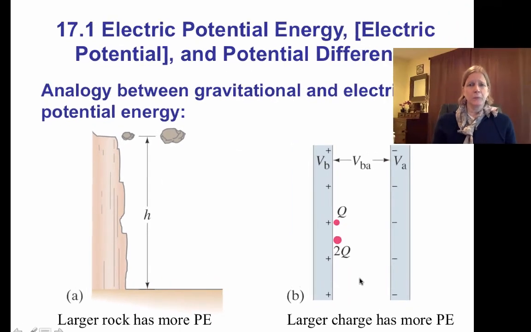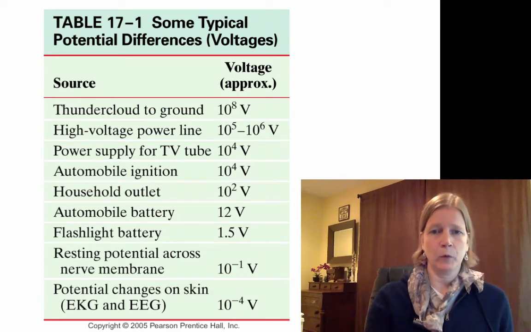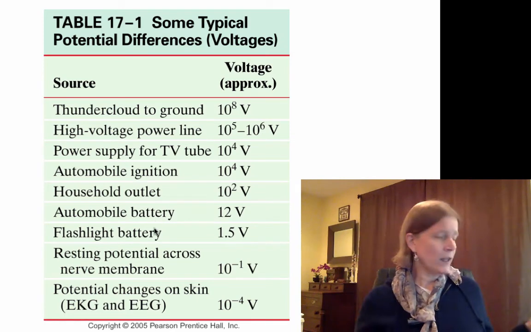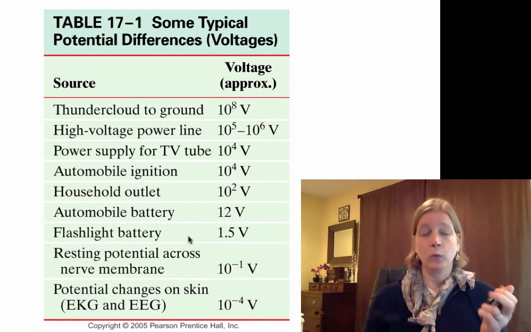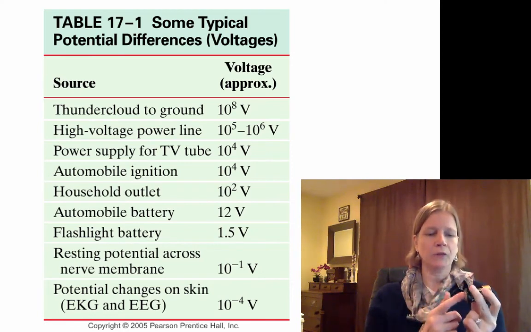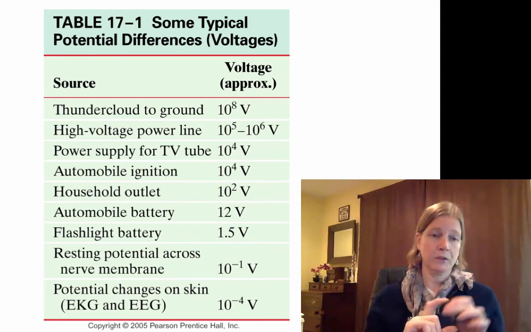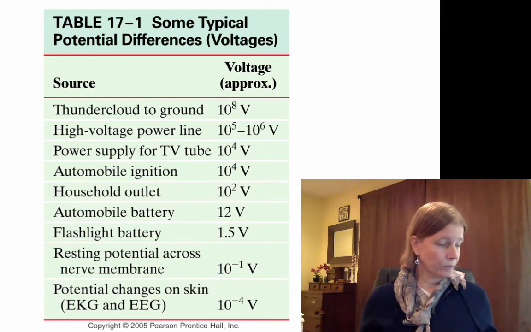All right, let's put voltage into some perspective with some ideas that we are more familiar with. Let's start with, say, a flashlight battery. The flashlight battery has 1.5 volts of potential. So what that means is between the positive and negative terminal, we have a 1.5 volt potential difference.